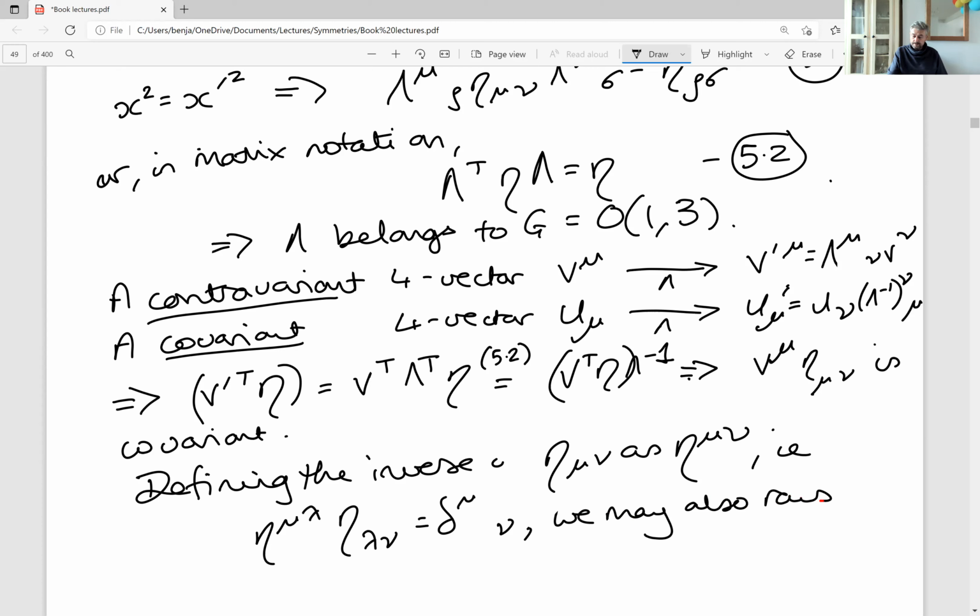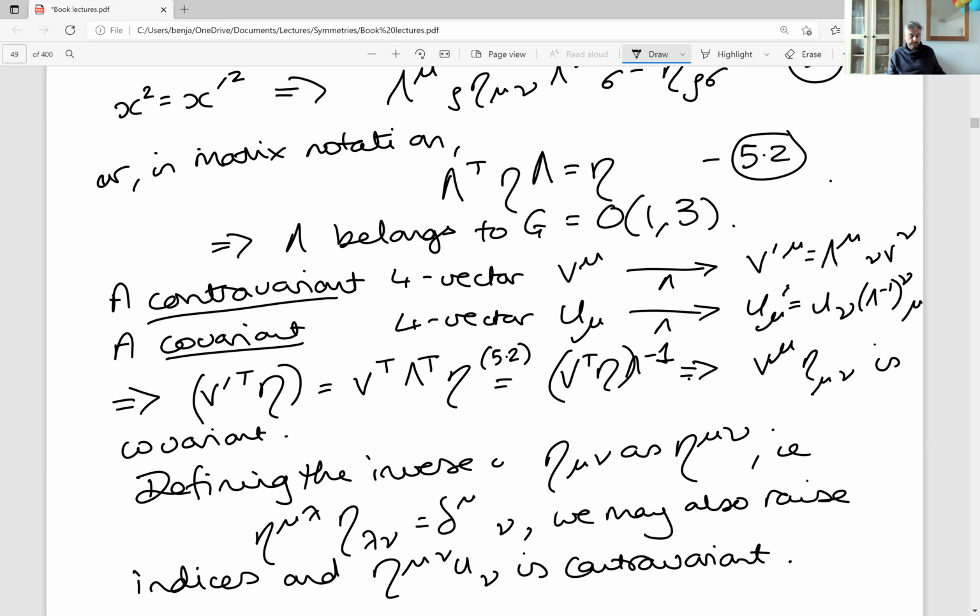We can also raise indices in a way that you're probably familiar with already. Again, with essentially the same one-line proof, if you have this object eta times u, you can prove that it's contravariant. In other words, it transforms with a lambda.